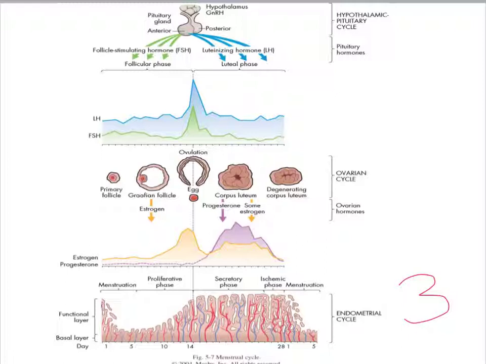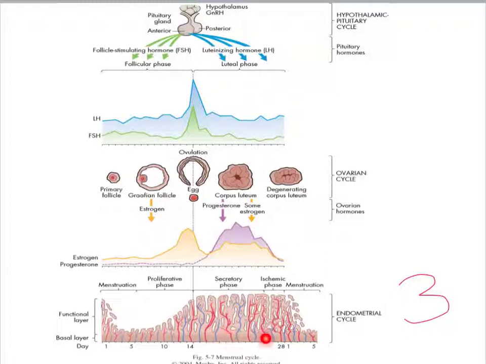If no fertilization occurs, then the corpus luteum regresses because it doesn't have any signal from the fertilized egg, and so there will be this drop in estrogen and progesterone. That causes vasoconstriction of the blood vessels in the lining of the endometrium, and so the blood supply to the endometrium is blocked, and that tissue necroses and sloughs off.